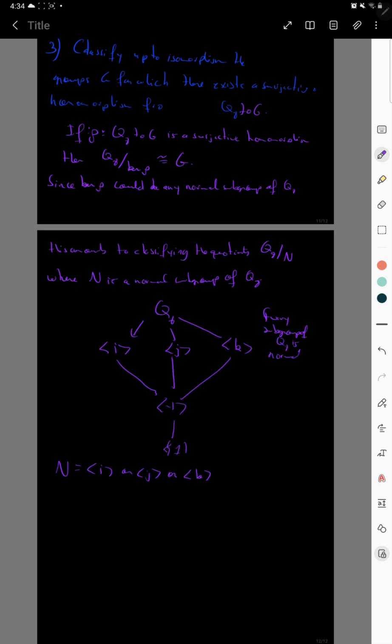We've seen this in a previous homework. Then Q8 mod N has order 2, and any group of order 2 is isomorphic to Z mod 2Z. And this is, if you will, the center of Q8.